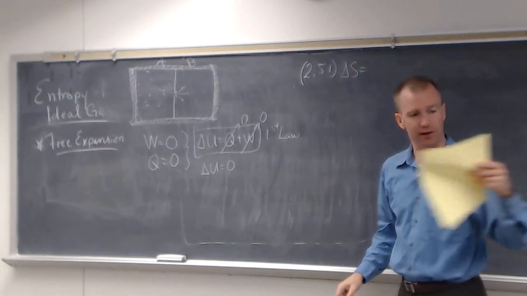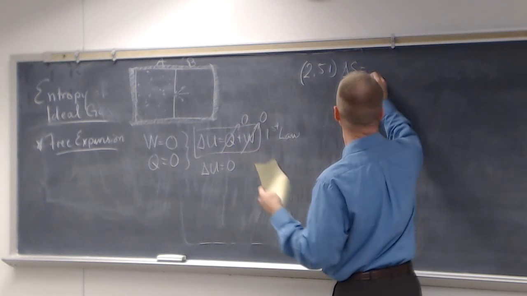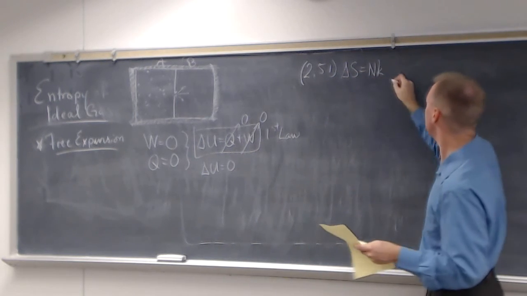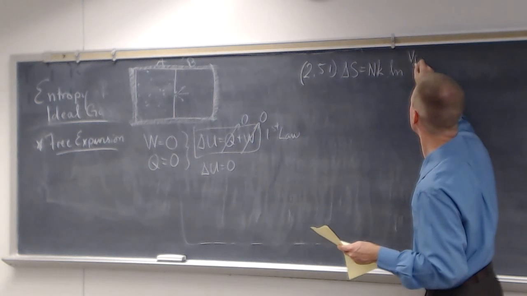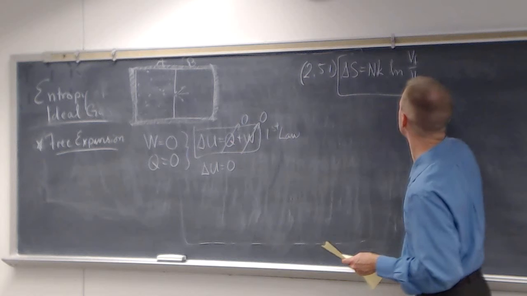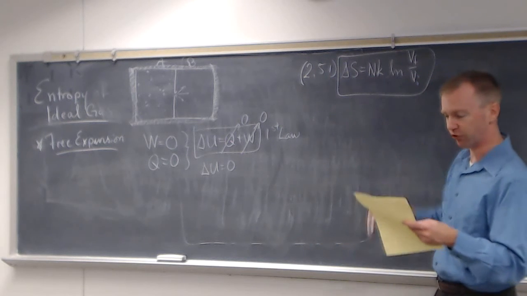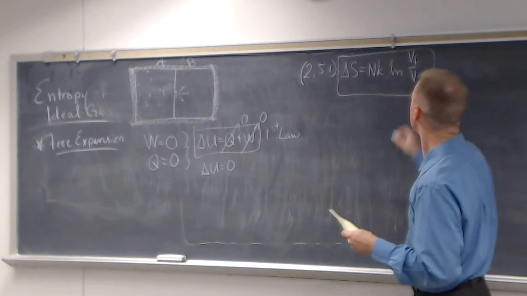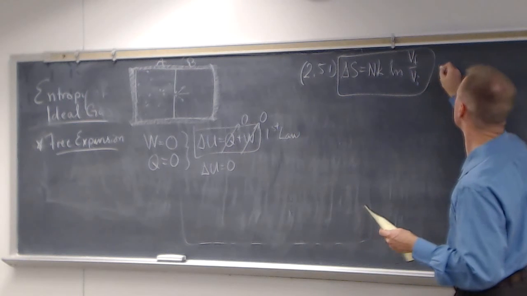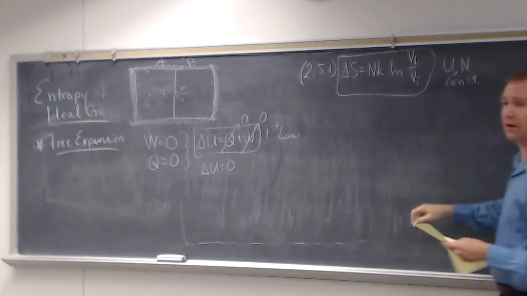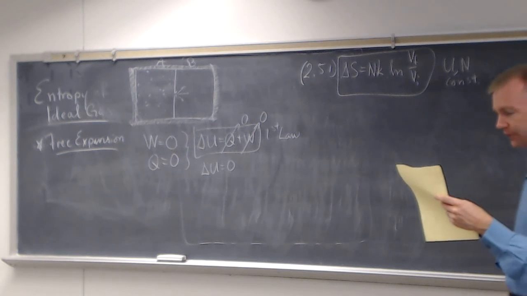So that equation I derived right over there is delta S equals NK times the natural log of V final over V initial. Recall that from just a minute before. U and N are constant, and both of those are satisfied.